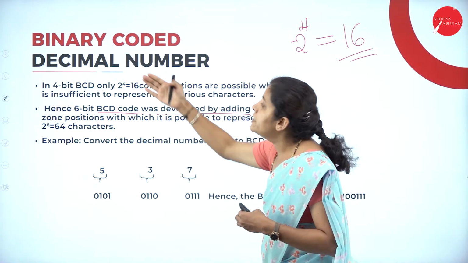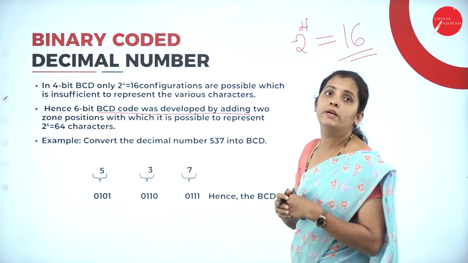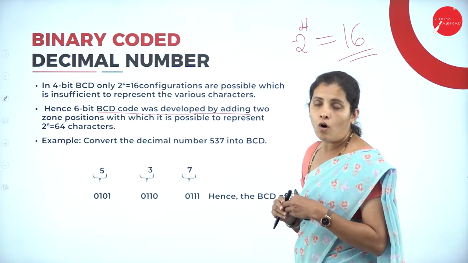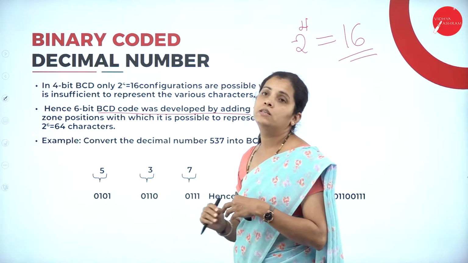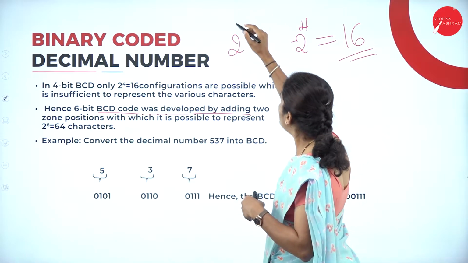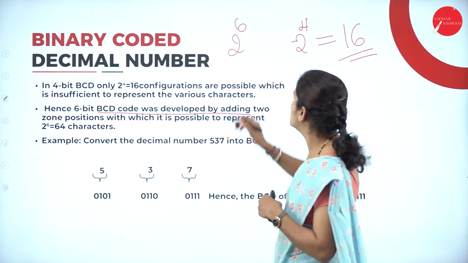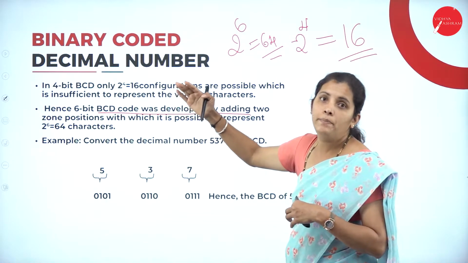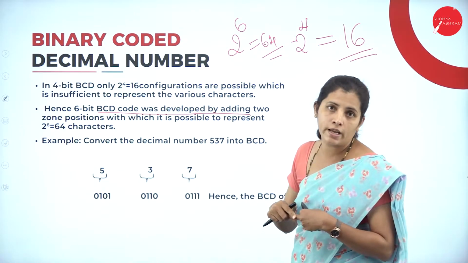Initially we had 2 to the power 4, which gives only 16 possible characters. To overcome this limitation, we are going to use 6-bit BCD code. That means here it is 2 to the power 6. Then what is the possible combination you are going to get? That is 64 characters. That means in 6-bit BCD number system, it is possible to represent 64 characters.